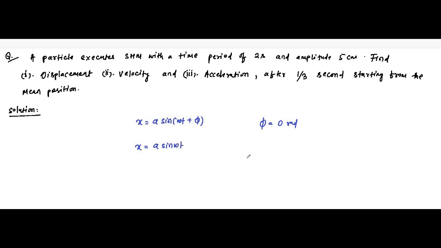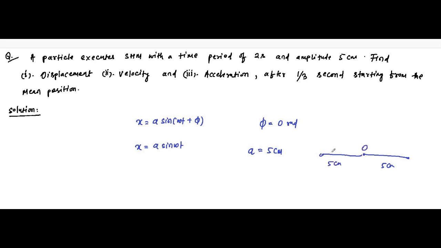Now it is given that the amplitude a is equal to 5 centimeters, which means if this is the equilibrium position, it can go to the right 5 centimeters and also to the left 5 centimeters.